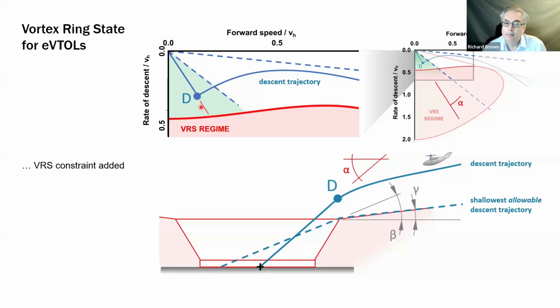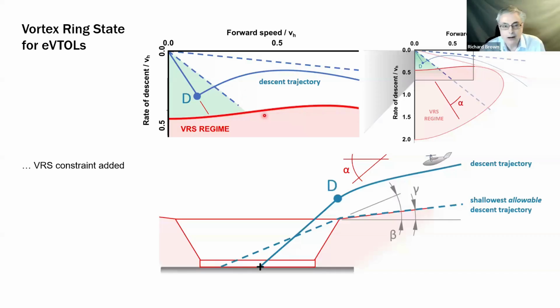In other words, the presence of the vortex ring state denotes the maximum descent rate that I can be traveling at the moment that I start this final descent into the landing site. So the lesson from that is you need to approach the landing site very, very slowly if you're going to avoid entering vortex ring state, or you have to come in very shallowly, which is not possible with this particular geometry of landing configuration.